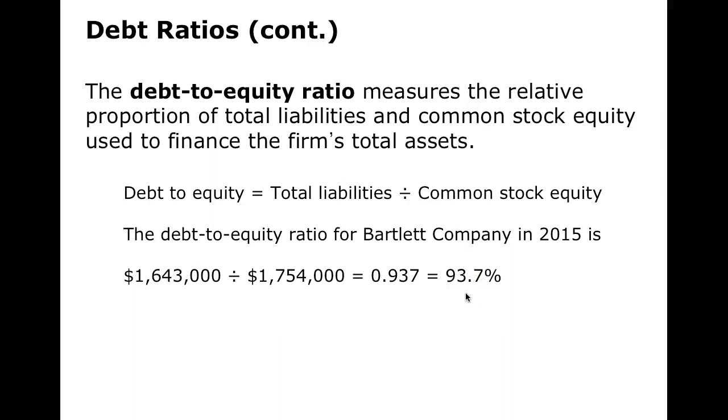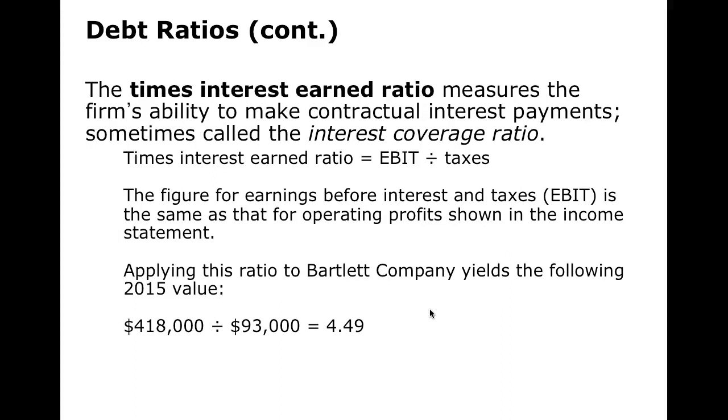So it's almost 1-for-1. This company is about 50% debt, 50% equity, close to a 1-to-1 ratio. And this is important to understand: how much equity do you have compared to how much debt you have. You generally do want to have something close to parity on this.